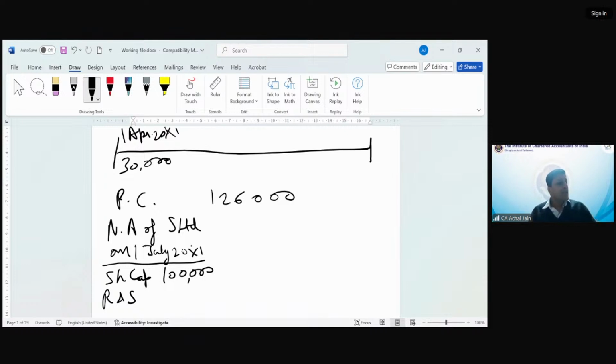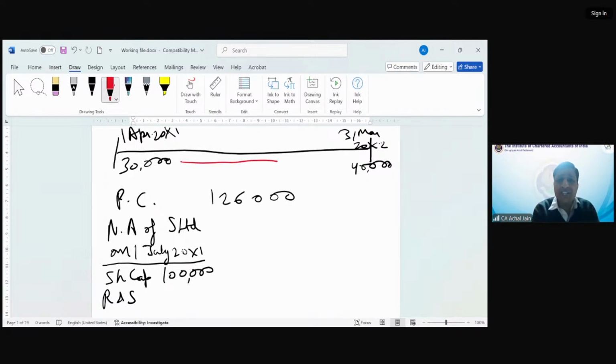Plus, we also have the amount of reserve on 31st March X2, that is 40,000. So during the year, the amount of reserves has increased.